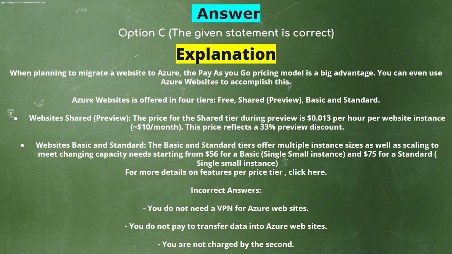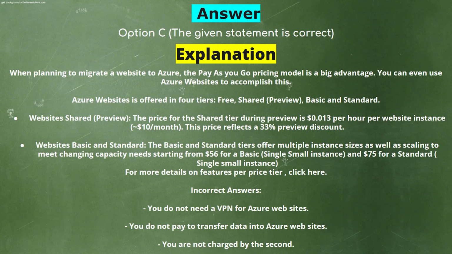This price reflects a 33% preview discount. Websites basic and standard. The basic and standard tiers offer multiple instance sizes as well as scaling to meet changing capacity needs, starting from $56 for a basic single small instance and $75 for a standard single small instance. For more details on features per price tier, click here.